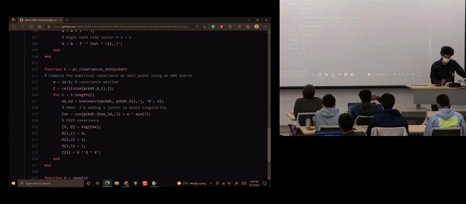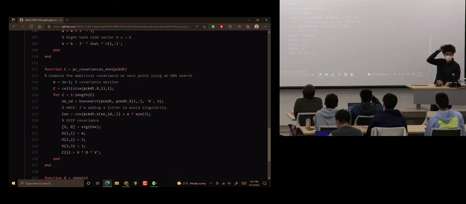And this is the covariance part. For every covariance, I'm taking 6 nearest neighbors, because this is slow in MATLAB. And when I get the eigenvalues in line 121, because the eigenvalues are ordered, the first one is the smallest one.